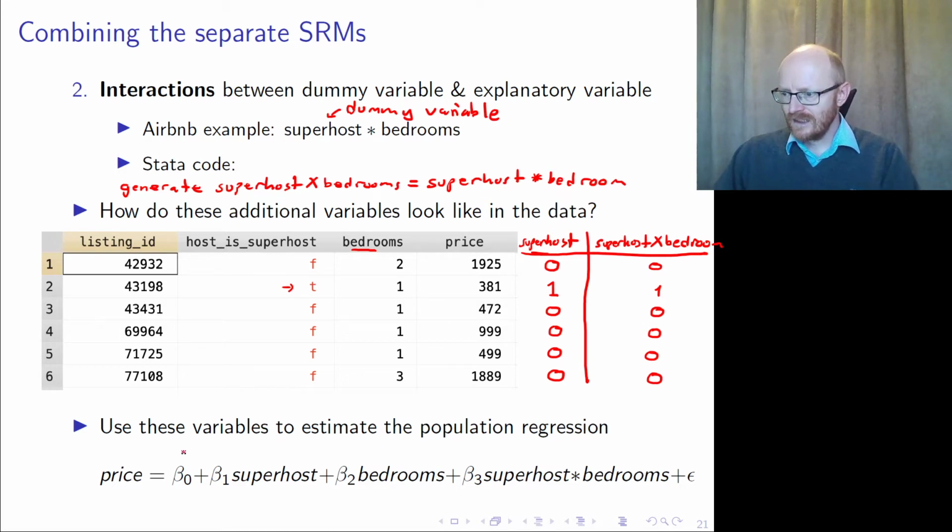So I just want to explain this a bit, because this is a model of the price. Okay, it's a model of the price, and beta naught is the population parameter, it's the intercept for non-superhosts.